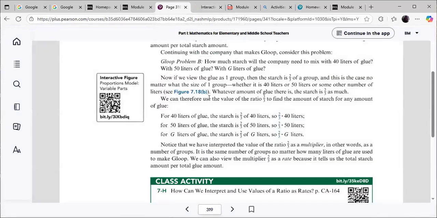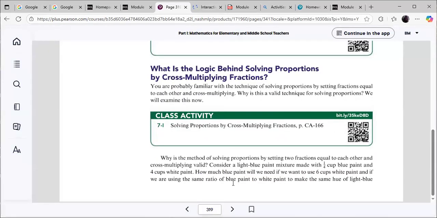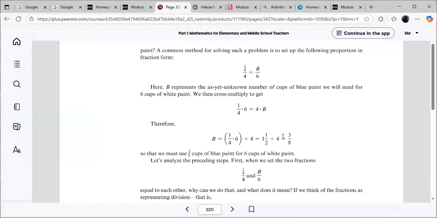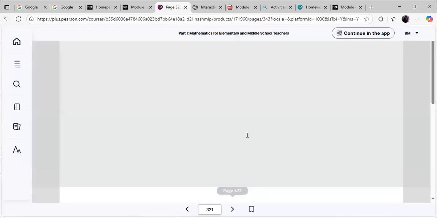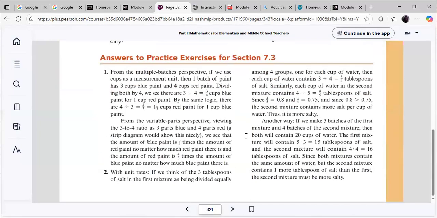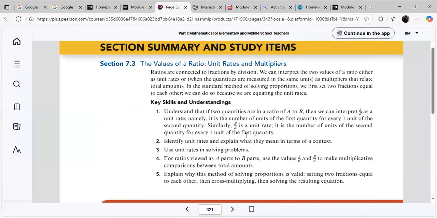Okay, it's taking a little long to load, but all right. So I do need you to be going through your text to see how they work out some of these problems before you attempt homework.